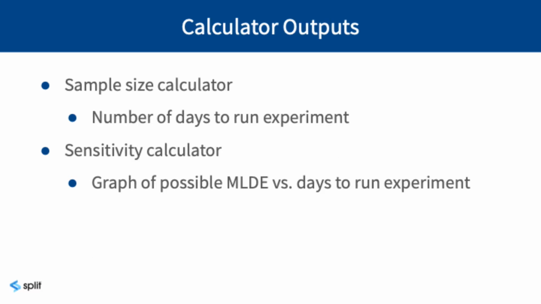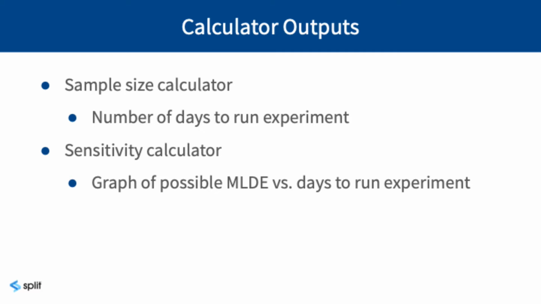The output of the calculators, there's two different calculators. There's a sample size calculator, and that is given a desired minimum likely detectable effect and the amount of traffic and that information about your key metric: how many days will I need to run that experiment in order to see the minimum likely detectable effect if it exists?